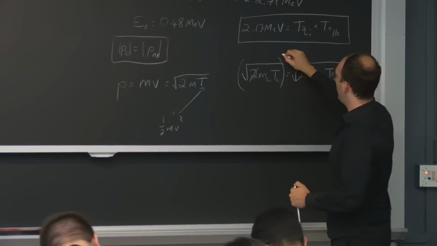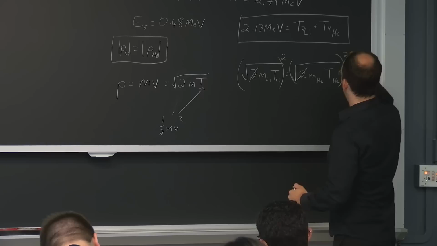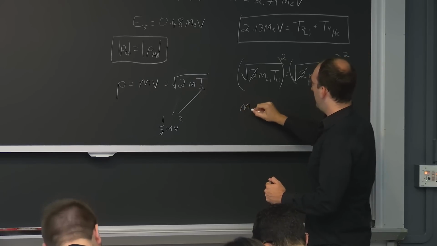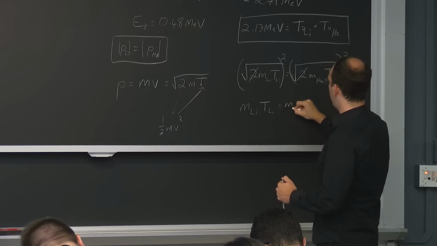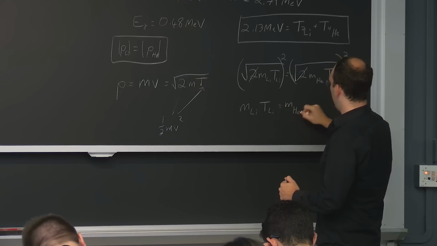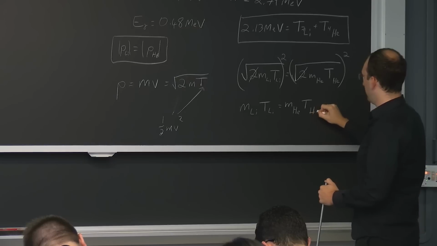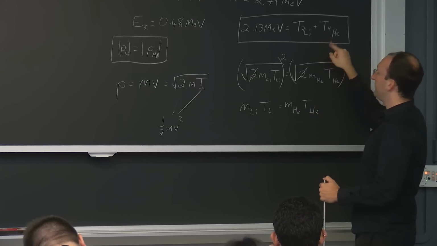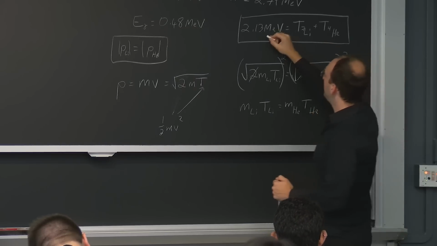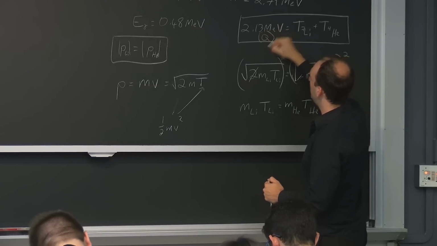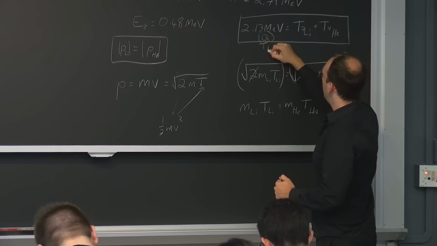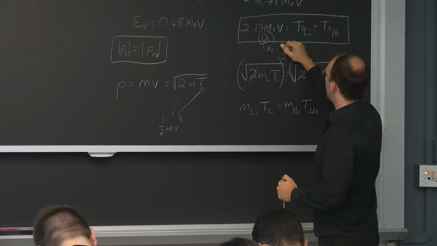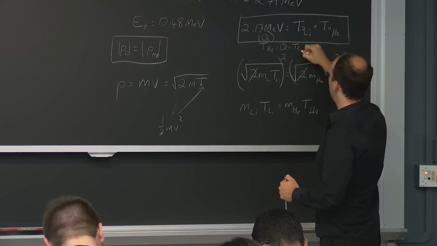We can square both sides, and we end up with mass of lithium times T lithium equals mass of helium times T helium. Now we take this equation and rearrange it a little bit. Let's just call that Q to keep things in variable space. And we can say that T helium equals Q minus T lithium.